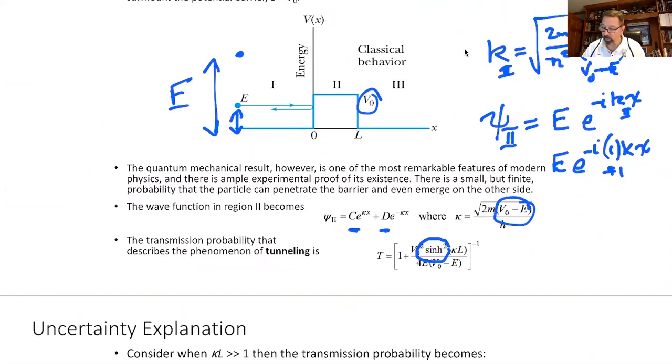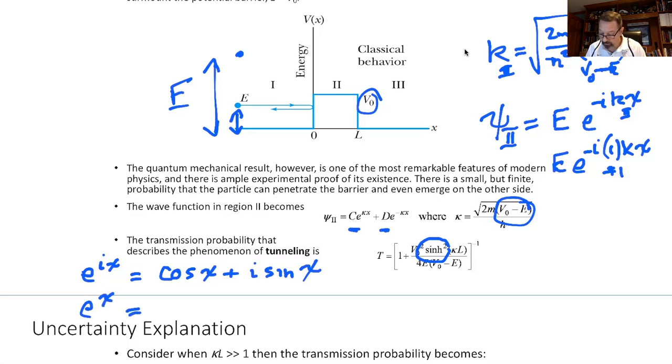And just a quick thing on hyperbolic sines. We've said that e to the ix is equal to cosine of x plus i sine of x. The related identity for hyperbolic sines and hyperbolic cosines is that e to the x is equal to the hyperbolic cosine of x plus the hyperbolic sine of x.